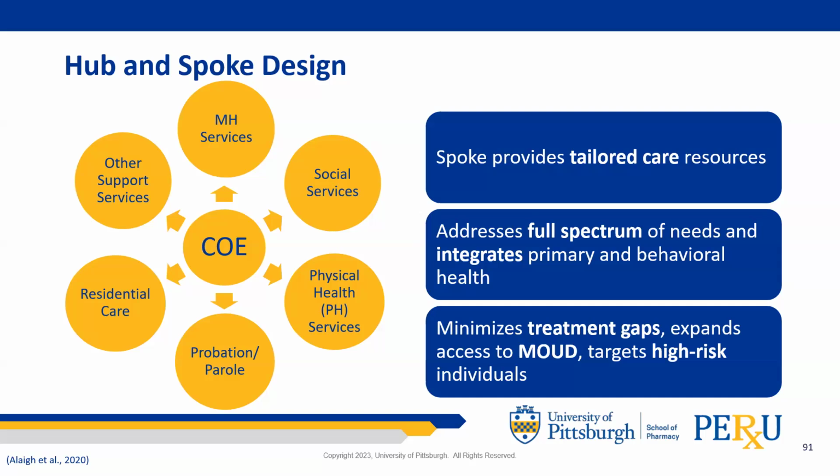The hub and spoke model is designed with the COE at the middle of the hub and a team with carefully tailored care management resources to meet the individual's needs is built around the client through the spokes. The COEs are responsible for addressing their clients' full array of clinical and non-clinical needs by facilitating connections to other providers that are best suited to meet those needs.